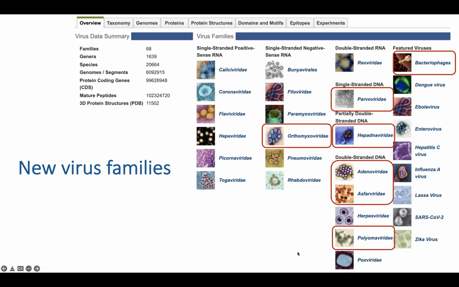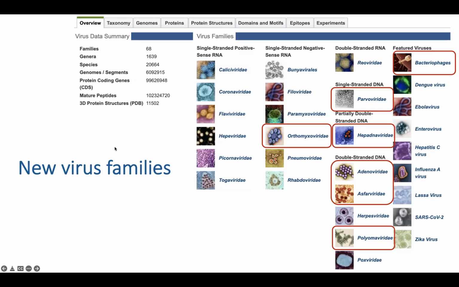So moving on to what are the new virus families that you can expect to find in the BV-BRC. This is what you will find on the viral homepage. It gives you a little summary of everything that's in the database relating to viruses. Right now we have just over 6 million virus genomes or genome segments.